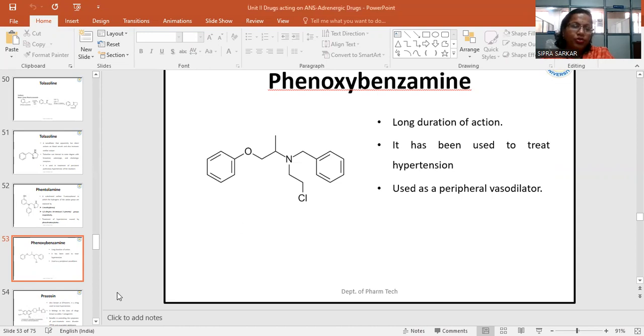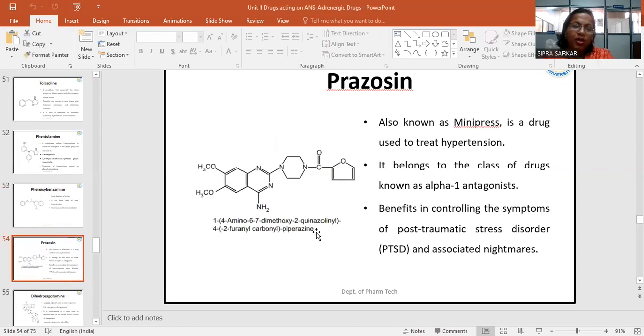Next, coming to prazosin, one of the important categories. It is also known as Minipress, which is a very important drug for hypertension. It belongs to the class of drugs known as alpha-1 antagonists. It also helps in controlling the symptoms of post-traumatic stress disorder and associated nightmares. In case of any trauma, stress, or disorder, this type of drug can reduce the stress.